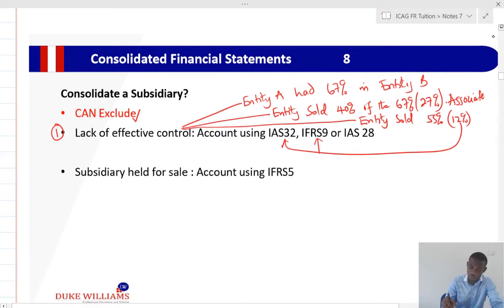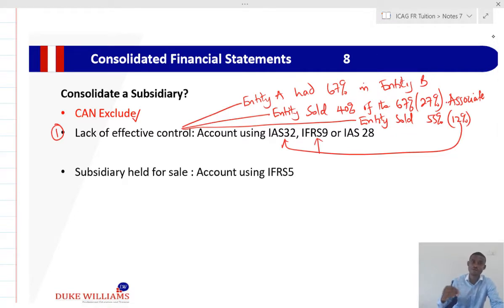Or it is also possible that entity A will still have the 67%, but entity A will not consolidate B, maybe because entity A has lost the majority of the directors on the board, even though they have the 67% interest.